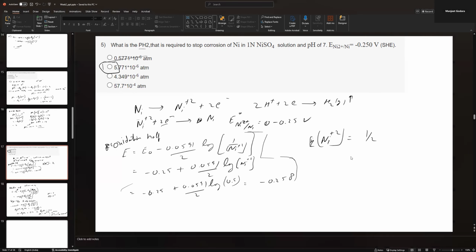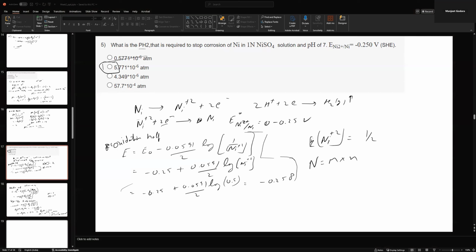I'm trying to find the solution. So normality is given as molarity into n. N is the number of equivalents.